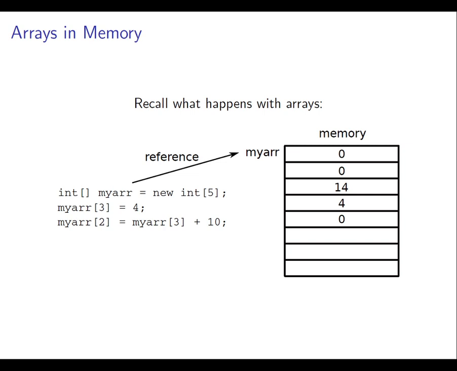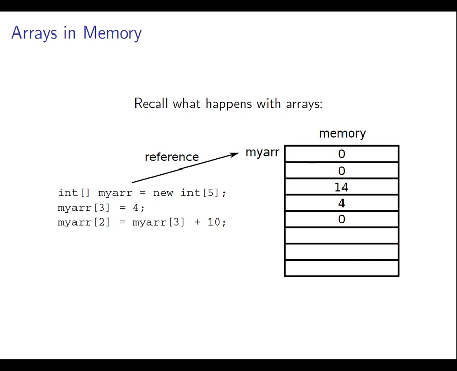Well, remember, we already looked at some of the peculiarities of what happens with arrays, and now what we're going to see is it's not peculiar to arrays at all, because very similar things happen with all objects in Java code. So we saw, for example, that we could have an integer array called myArray. We could create a new integer array by saying we want a new array of 5 integers.